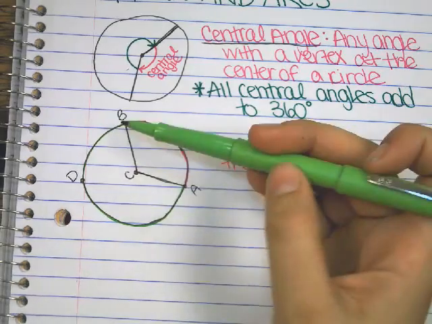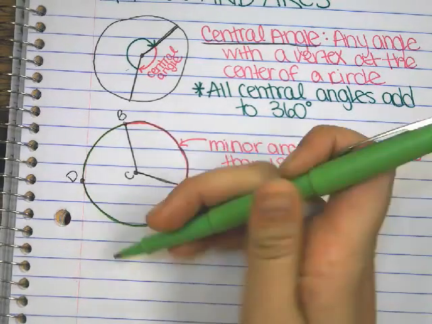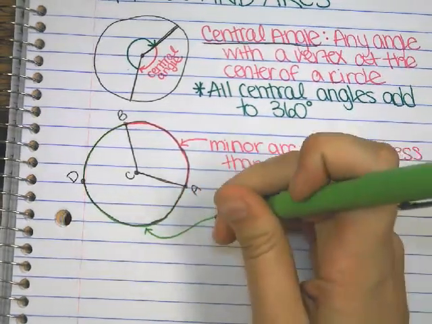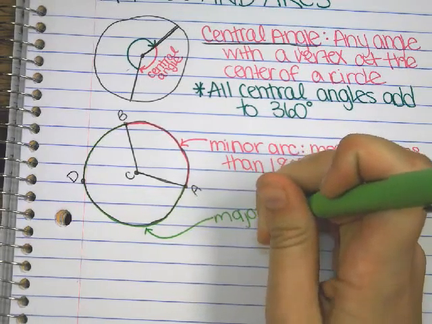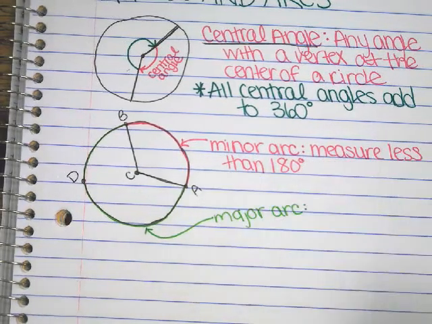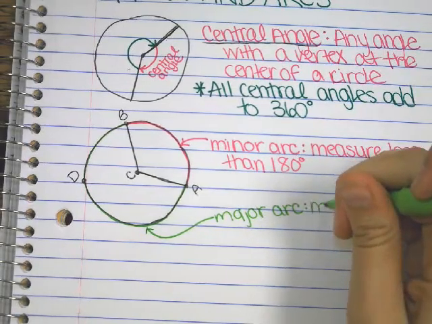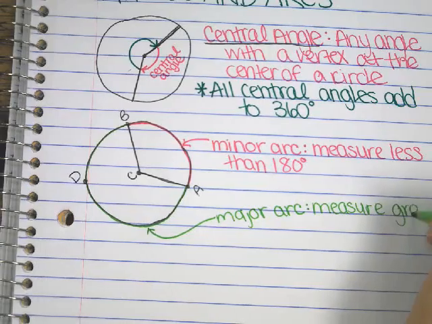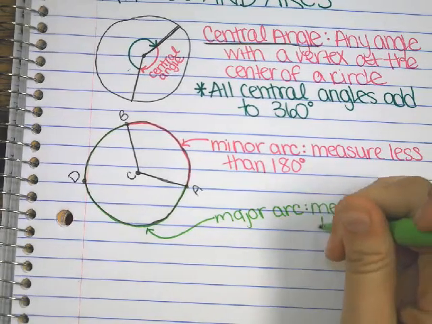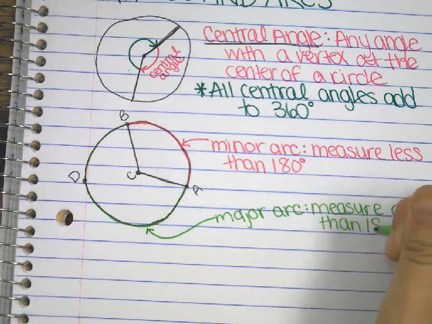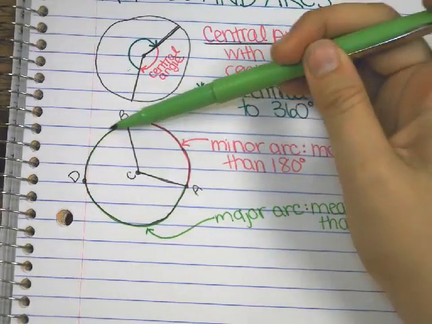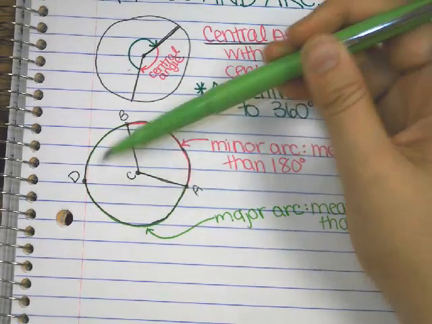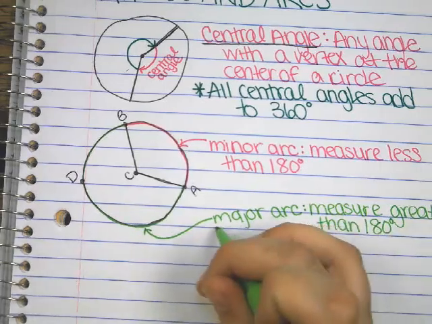Any arc that we have that is bigger than 180 degrees is called a major arc. Okay, so if it goes more than halfway around, we're going to call that a major arc.